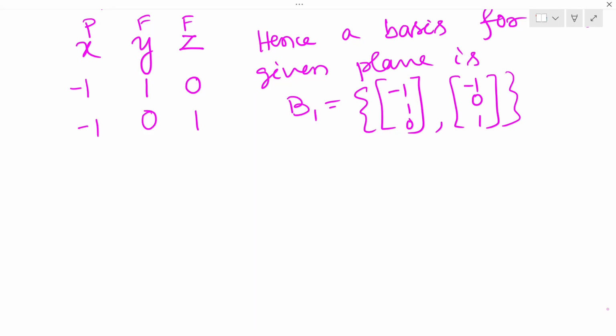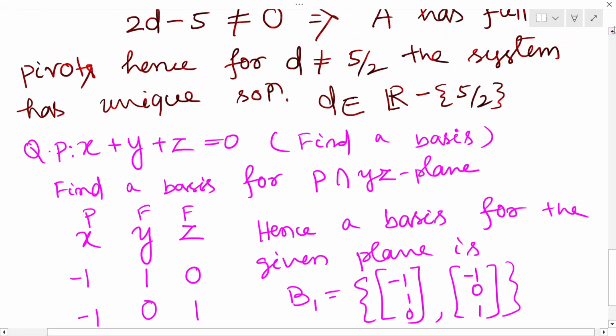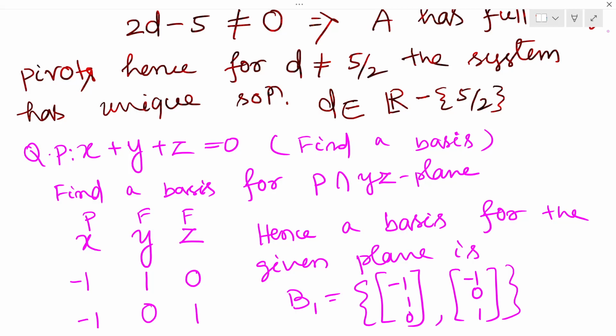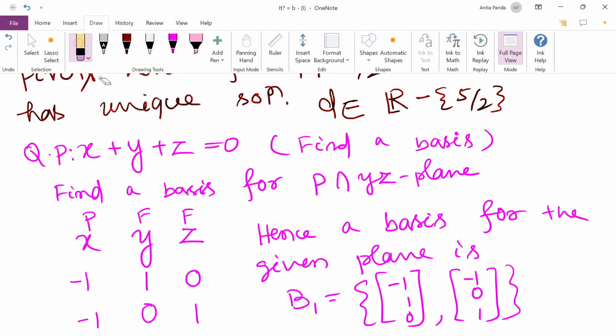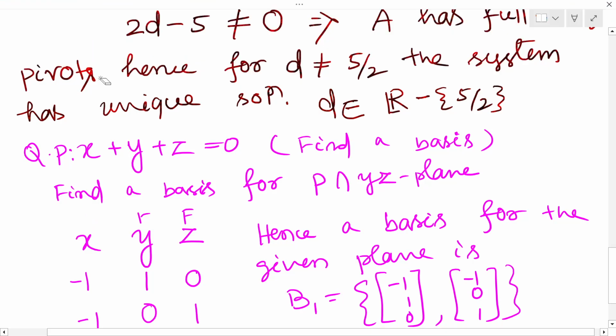Here I will not make my x variable free, because x takes value 0. It is already fixed. So I will make a small change. Any two variables can be free variables, so I will change my free variables.